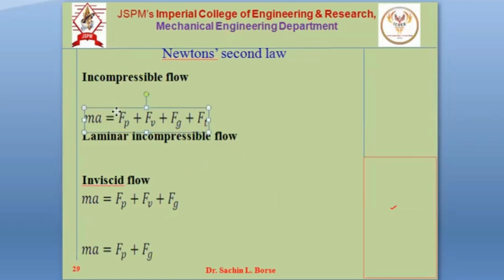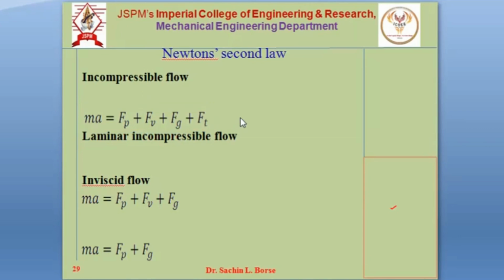As I mentioned, if I write Newton's second law for viscous flow, it becomes the Navier-Stokes equation. Mass times acceleration equals the summation of forces. Which forces occur in macro flow? Pressure force, viscous force, and body force, that is gravity. If the flow is turbulent, there will also be a turbulent force.